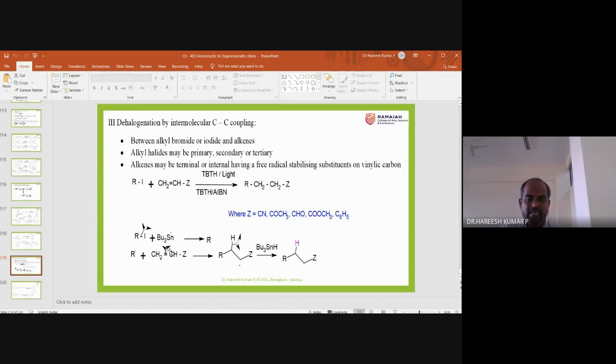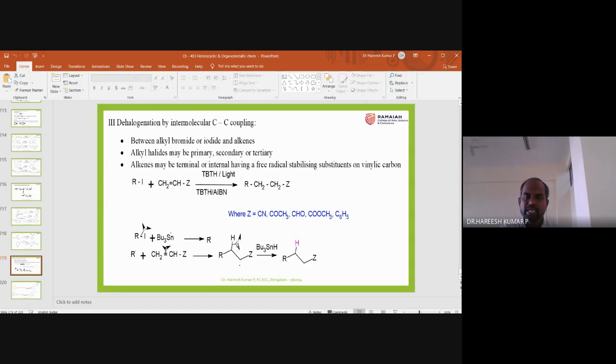How is it reacting? The double bond or pi bond undergoes a homolytic cleavage, forming a radical here and one more radical. That radical forms a bond with R. So that is how this product is obtained. Now there is a radical here. So at this stage, what will happen? This can be rearranged. How is it rearranged?